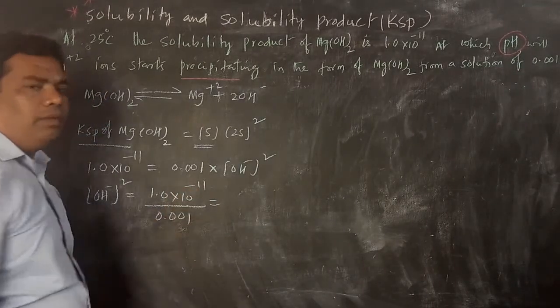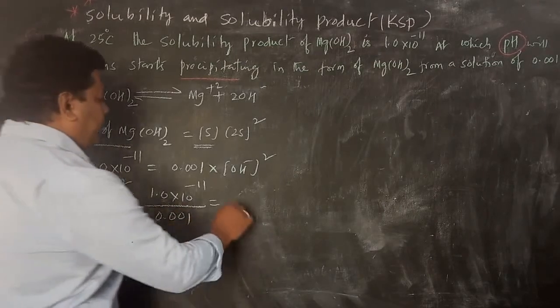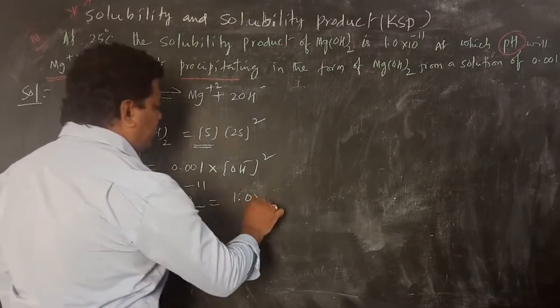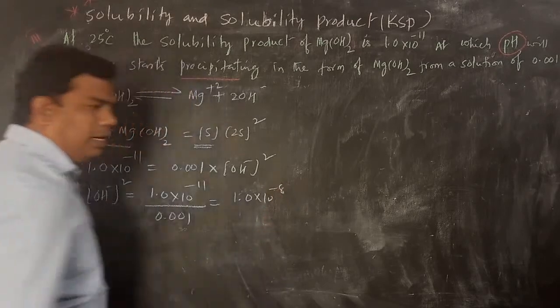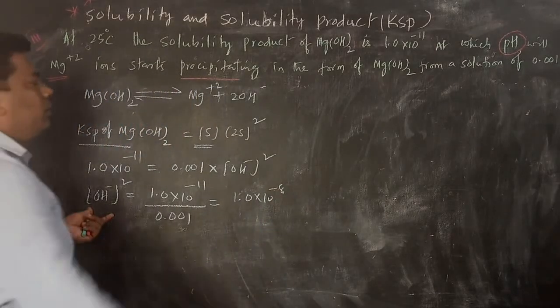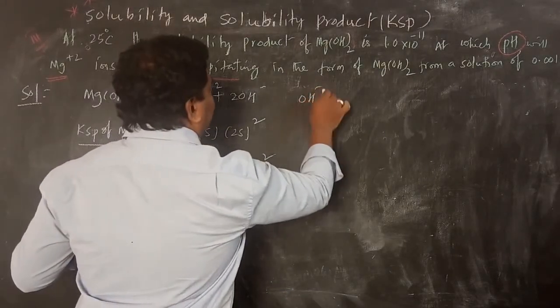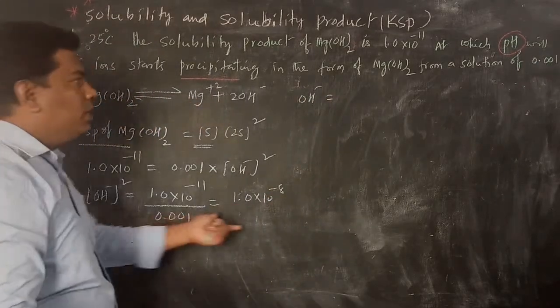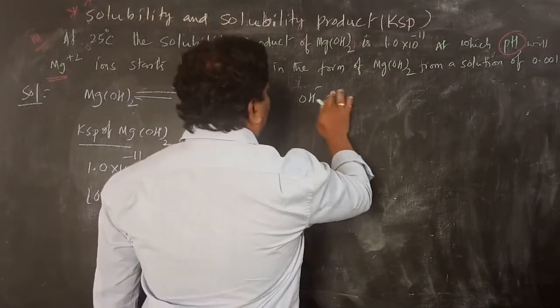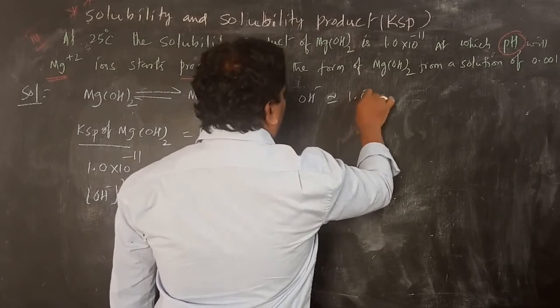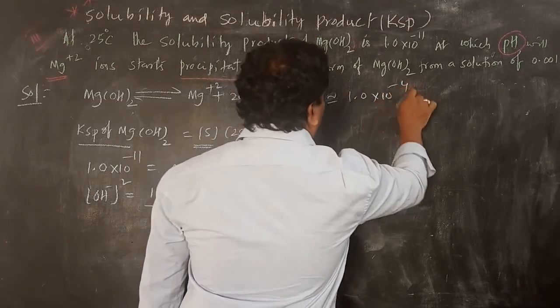Simplifying, we get the value 1.0 into 10 power minus 8. So OH minus is approximately 1.0 into 10 power minus 4.